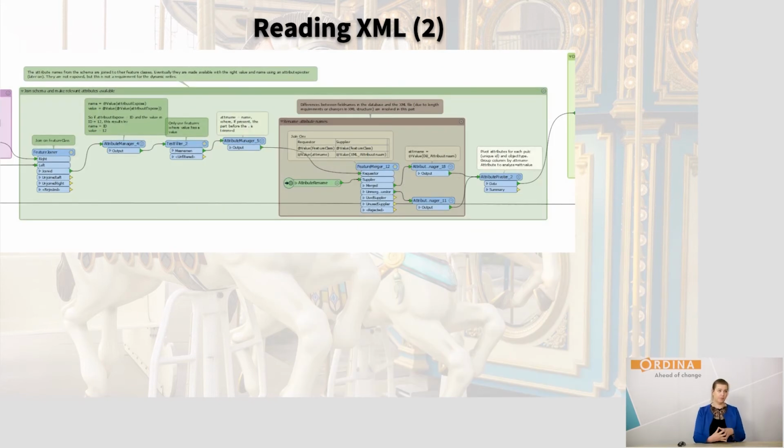In the next step, we join the schema to the features, and using an attribute manager, we create two new attributes. That's attribute name and attribute value.